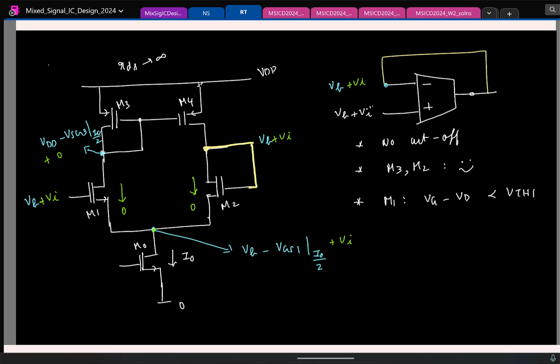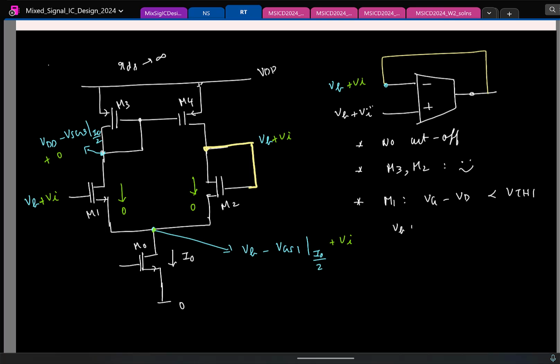So if I plug in the values, what do I get? I have VB plus VI as the gate voltage. Drain voltage is VDD minus VSG3. I will not write the currents with VGS for simplicity. So it says my VI is less than VDD minus VSG3 plus VTH1.